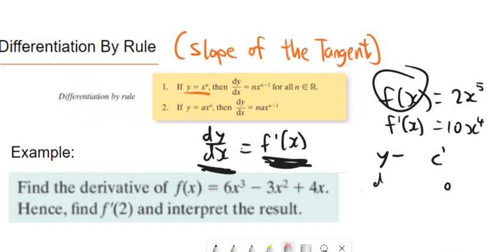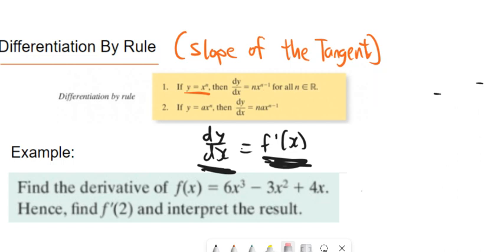Last thing then, if you have a constant by itself, so if I had f of x is equal to 7, for example, or any number by itself, really that is x to the power of 0, isn't it?